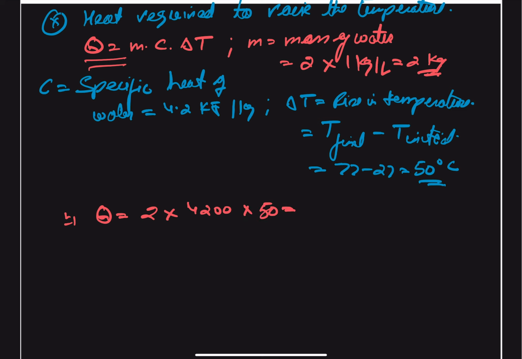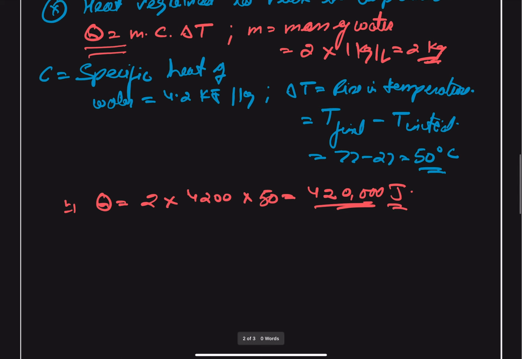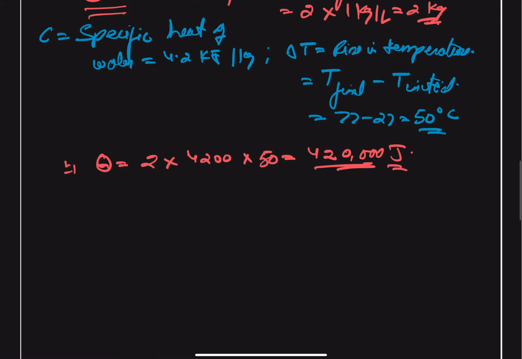This will be 42000 joules. So this is the amount of heat required to raise the temperature. But because of heat loss, we are going to find the effective heat that will be used for raising the temperature.